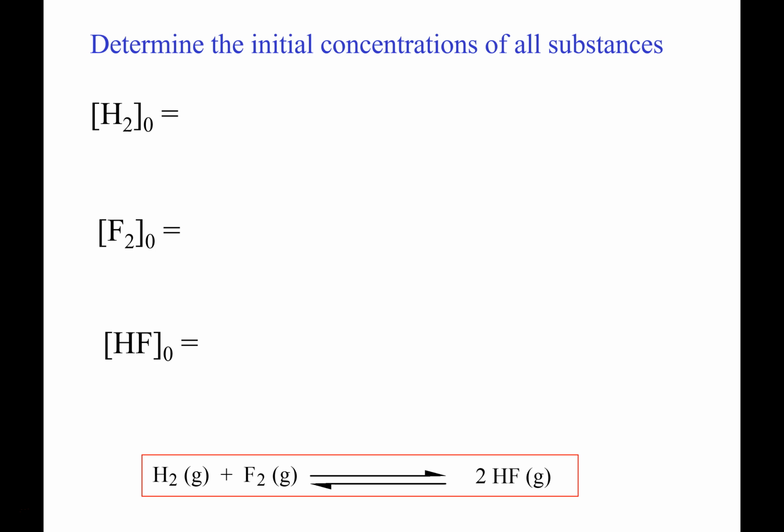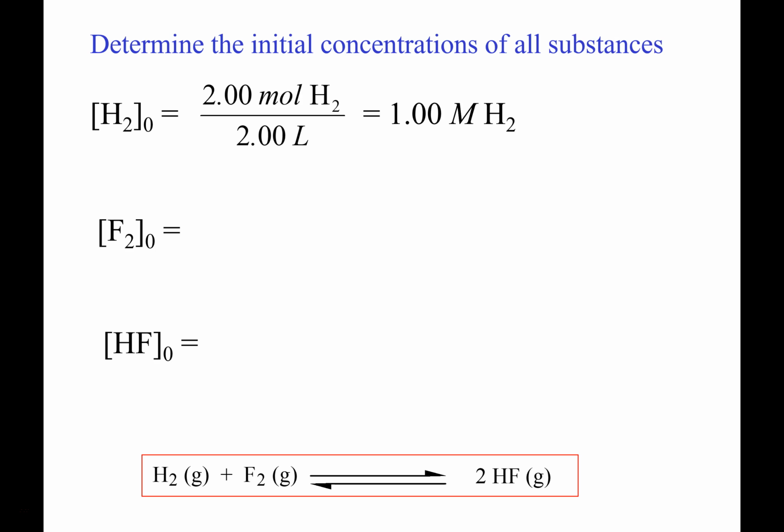All right. So we had a little bit of work to do on the front end because we were given moles and the volume of the container. These are all in their gaseous state. So we could calculate the molarity of H2, and it would look like this. We had 2 moles of H2 in a 2-liter container. I can do that math. So you're looking at 1.00 moles per liter for your H2. For the F2, there were 4 moles of F2 in the same container, which has a volume of 2.00 liters.